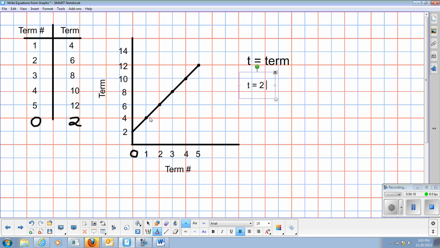If the line is going up, what does that mean for the numbers? That means I am adding to that. Well, how much did we add to it? If you look here, 4 to 6, that's a plus 2. So since 4 to 6 is a plus 2, I'm going to add 2 here to get to the first term, 2 plus 2. All right?